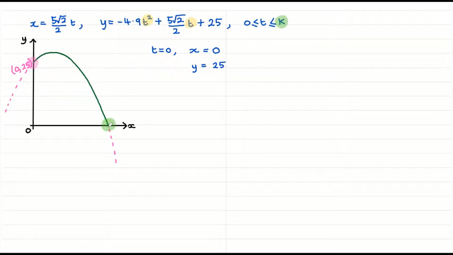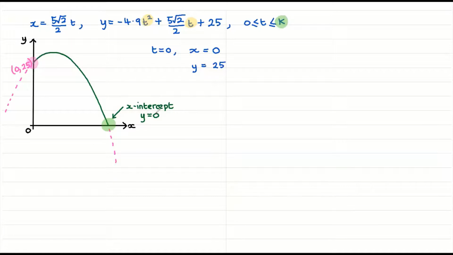So what is special about that point? Well, if we look at the situation we're in, that point is an x-intercept. It's pretty clear that in this situation, the point we're interested in is the x-intercept. And at the x-intercept, we know that the y value will be 0. So to get that point, we simply have to set our y equation equal to 0 and determine the values of t for which that occurs.